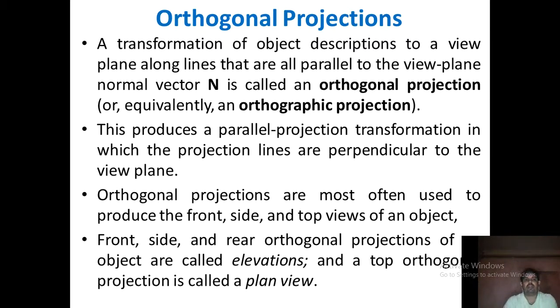In this process, orthogonal projections are most often used to produce front, side and top views of an object. Architects use orthogonal projection whenever they want to construct the front view.